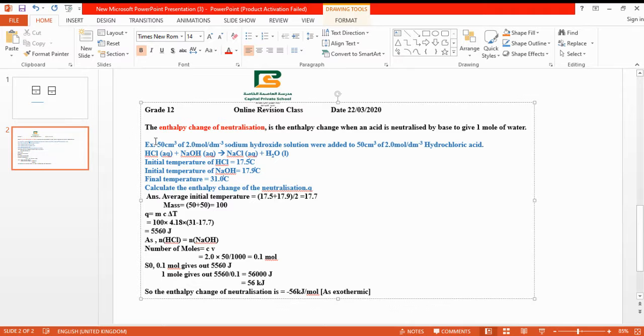Okay, so the sum is: 50 cm3 of 2.0 mol per dm3 sodium hydroxide solution were added to 50 cm3 of 2.0 mol per dm3 hydrochloric acid.